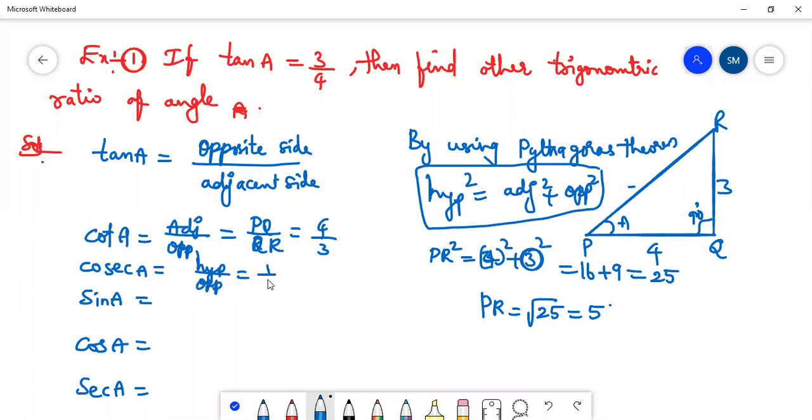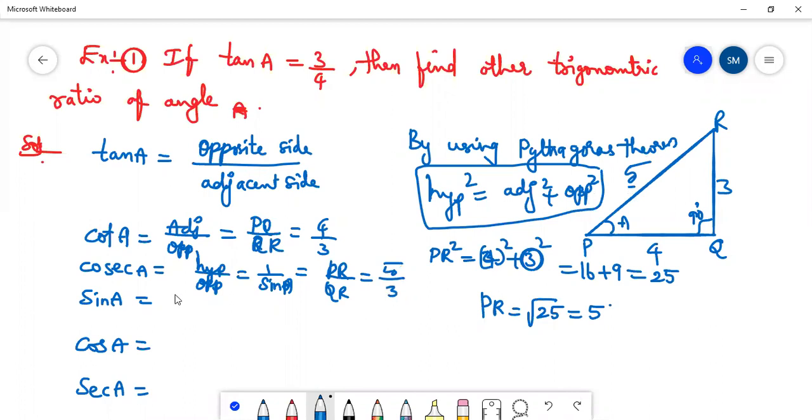That is PR by opposite QR, and it's 5, which we got from the Pythagoras theorem, so 5 by 3.